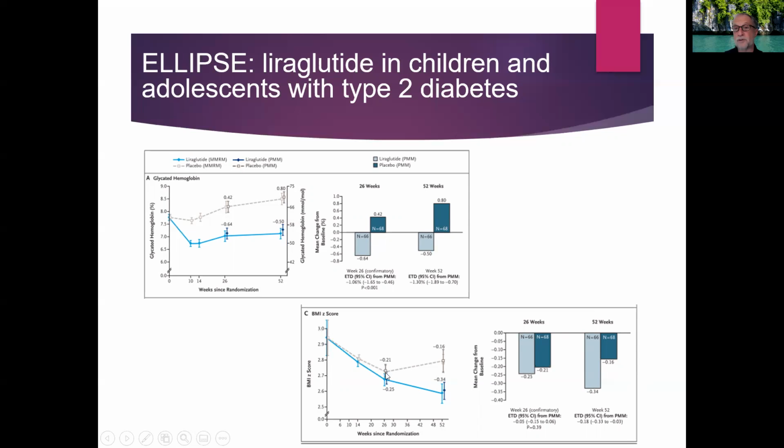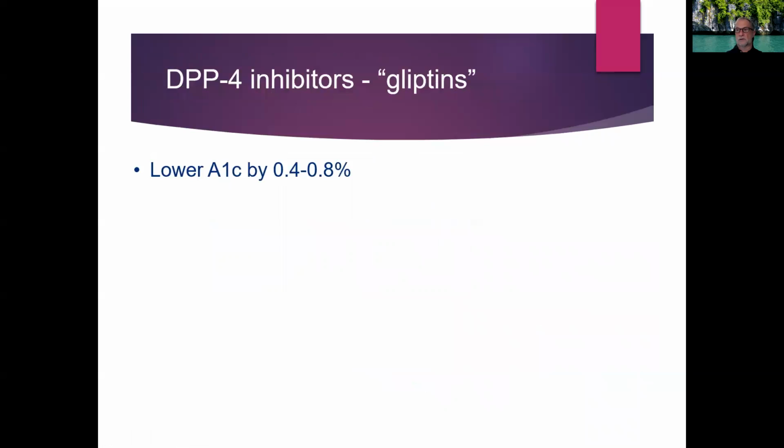BMI decreased in both groups, interestingly. That's what happens when you're in a study that includes a lifestyle intervention. But among the liraglutide patients, that weight loss continued up to 52 weeks, whereas among the placebo patients, that weight loss waned over time. So liraglutide appears to be effective in kids, and this led to FDA approval for individuals.